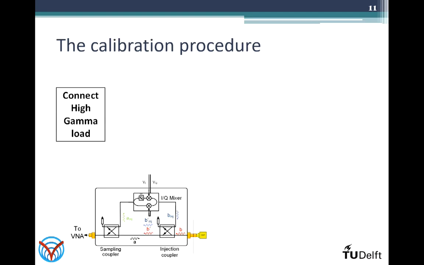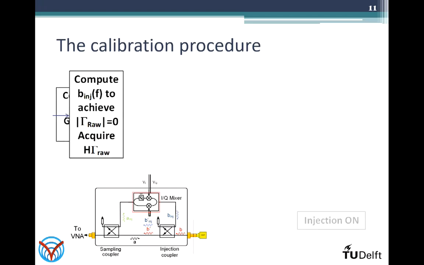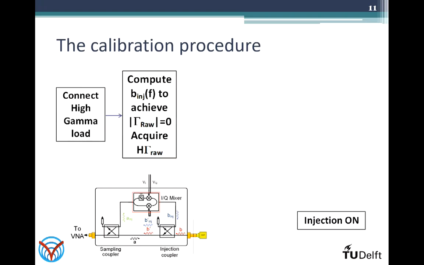Because of this, the calibration procedure is going to be slightly different than a normal open short load calibration. So we will first connect our high gamma load reference at the section of the DUT, and then we will perform an algorithm to compute the injection signal in order to obtain at the VNA port the gamma cancellation at every frequency point.